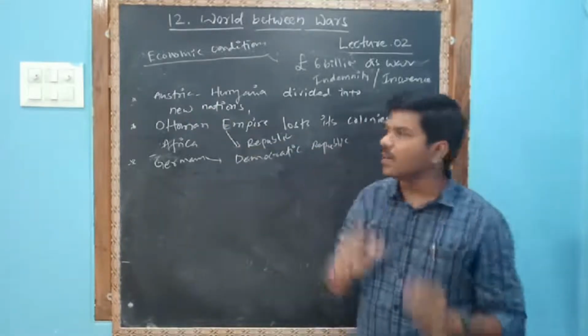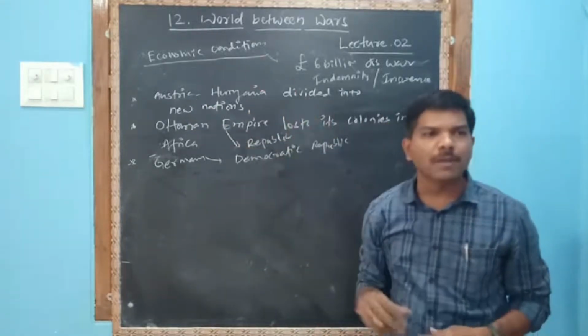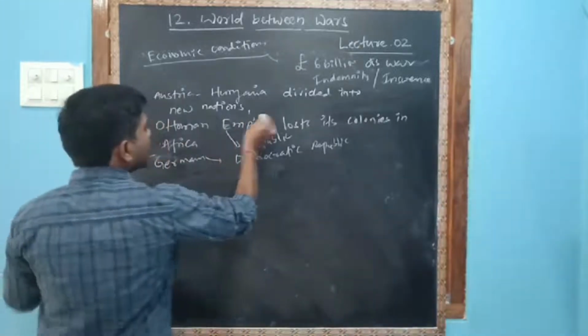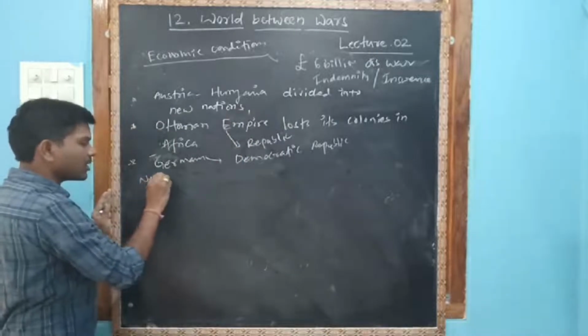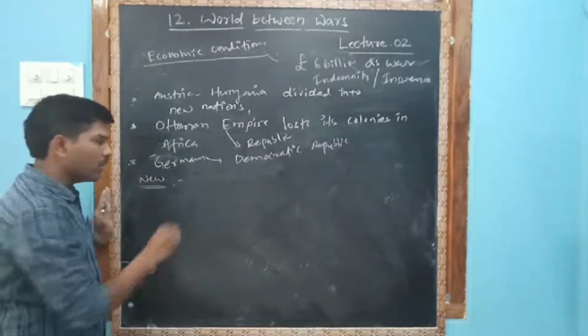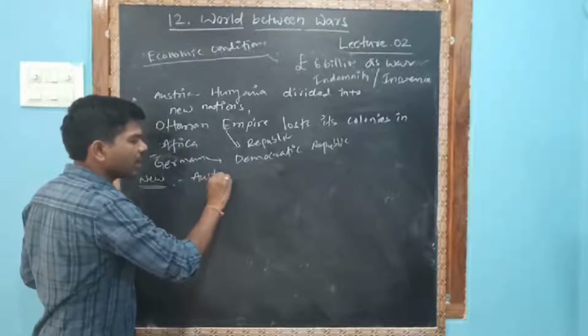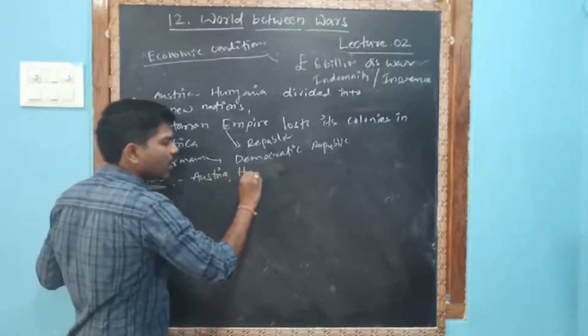Austria became a separate country, and Hungary became a separate country. I said that new nations were formed. What are the new countries that were formed? Austria was a new country. Hungary was a new country.